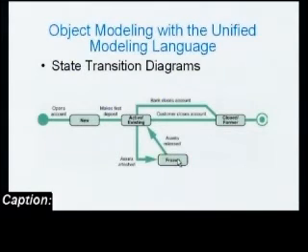If assets are released, the state is returned back to active. If a bank closes the account, the state changes to closed. Or if the customer closes the account, again, the state is changed to closed. Then the state transition diagram ends.